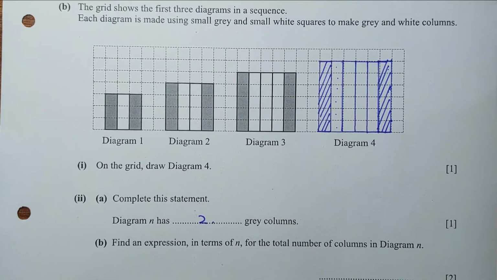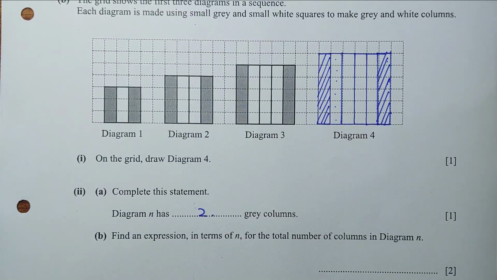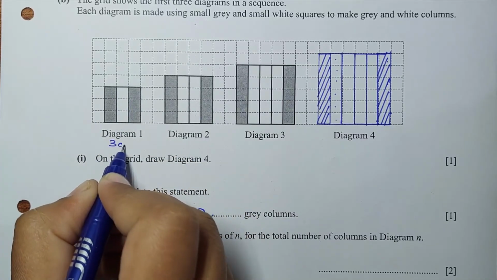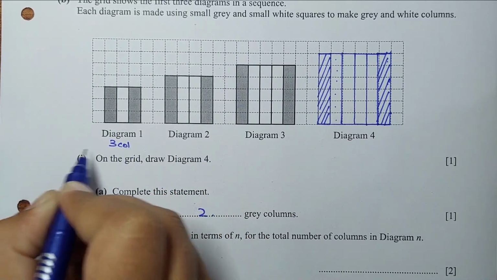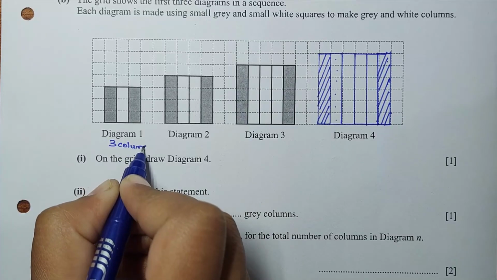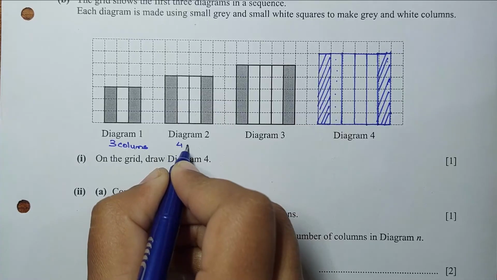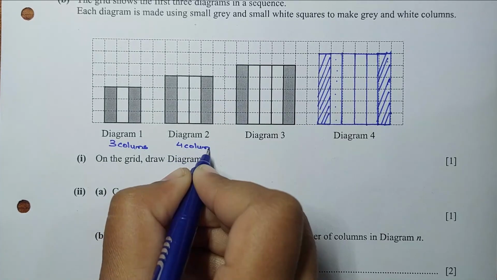Now for part B, find an expression in terms of n for the total number of columns in diagram n. For diagram 1, there are 3 columns. For diagram 2, we have 1, 2, 3, 4 columns.